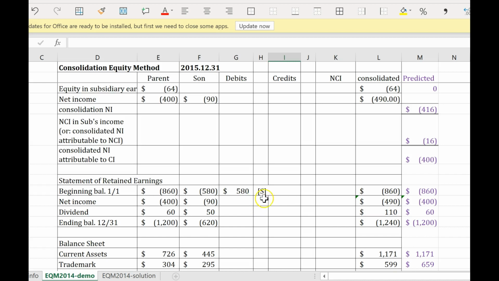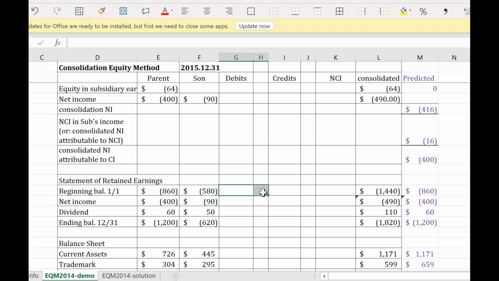We start with the S entries. I started a little bit before. So I have an S entry. Let me delete it. I have an S entry that should be eliminating the stockholders' equity of my subsidiary. S means stockholders' equity.